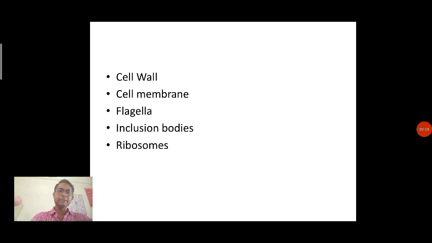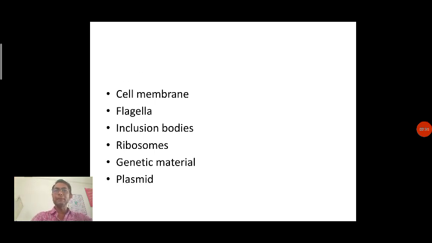Inside this external cell wall there is a cell membrane. A locomotory organ like flagella is also present in some bacteria. Then in some bacteria there will be inclusion bodies, ribosomes, genetic material, and the most important thing present in the bacterial cell is a plasmid.